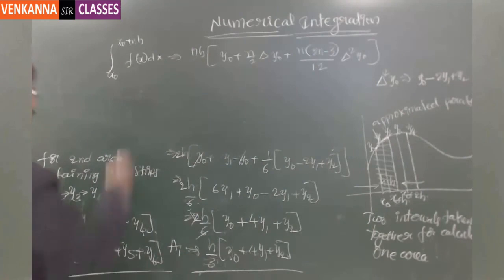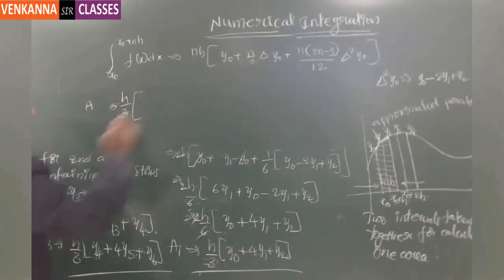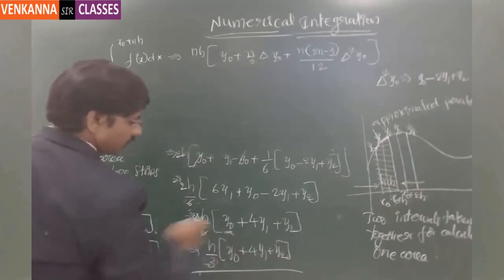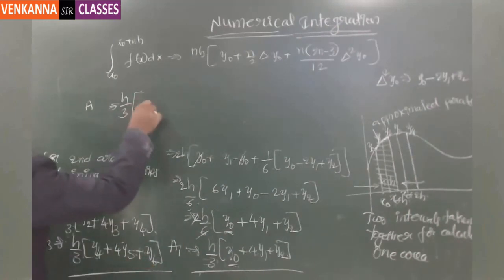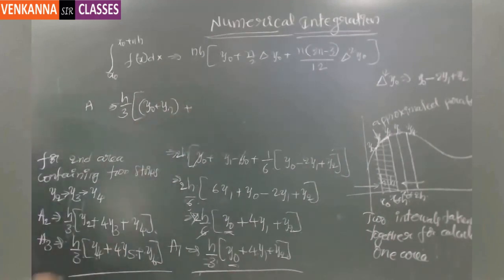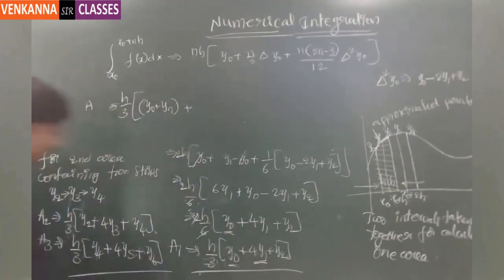So if you add it up together, h by 3 will be common across all, and then if you notice, y naught is coming once, and the last term yn will also come only once, and plus, if you notice the next one, here we have 4 times of y1 and 4 times of y3 and 4 times of y5.